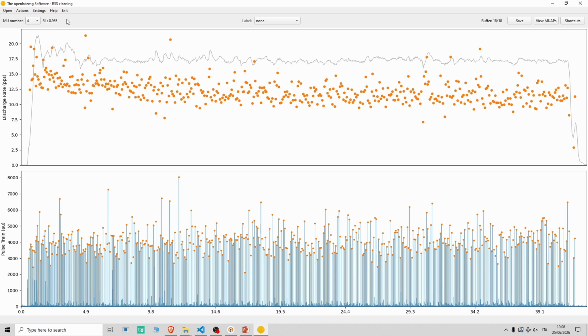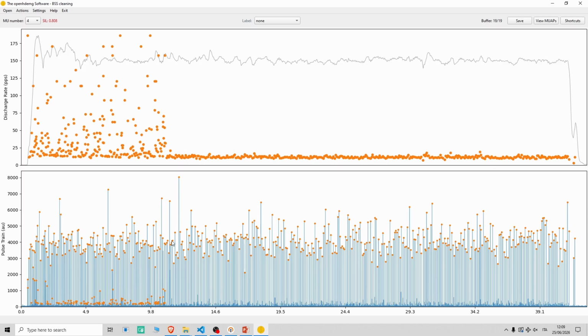And usually we would like to have, as you can see here to the top left where I have the cursor, motor units that have a separation of at least 0.9. So a very strong separation between the signal and the noise cluster. And you will see that if I start to mess up with my selection, for example, I start picking signals that are close to the noise component, then the silhouette will go very low.